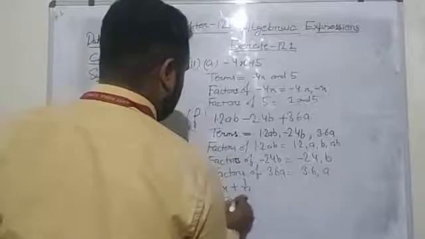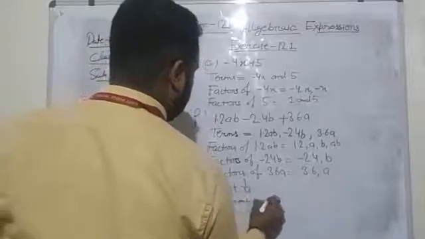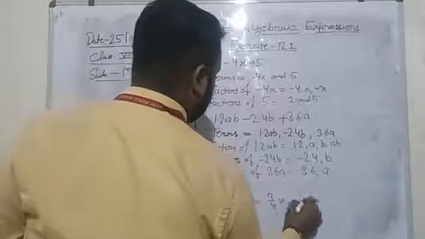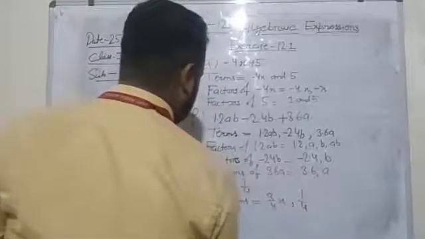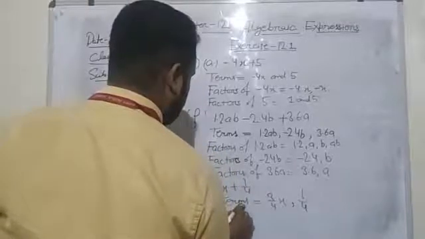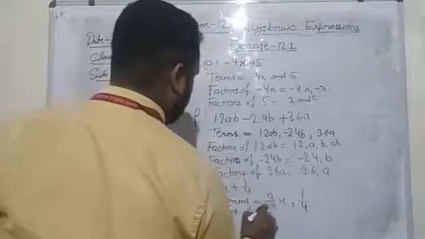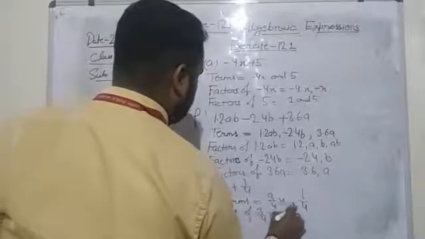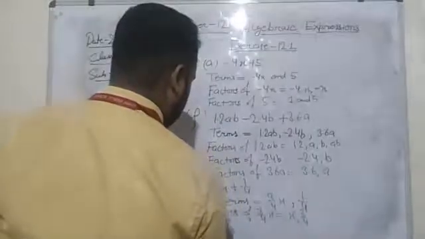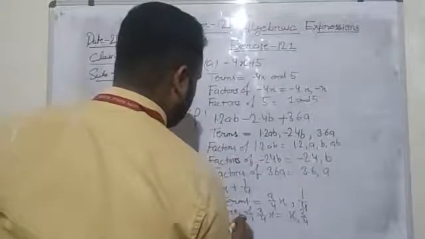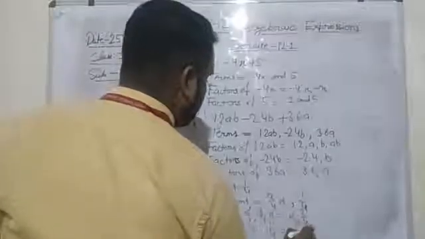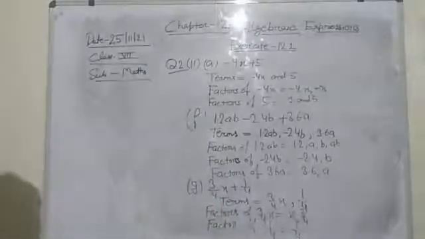Now the terms are 3 by 4 x, comma, 1 by 4, and the factors of 3 by 4 x are x and 3 by 4, and the factor of 1 by 4 is 1 by 4 only. Okay.